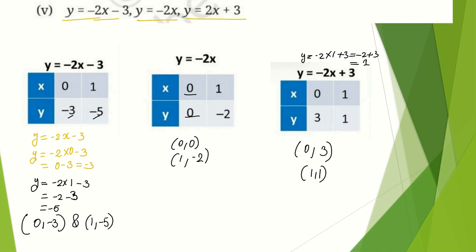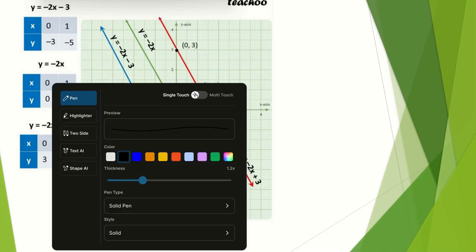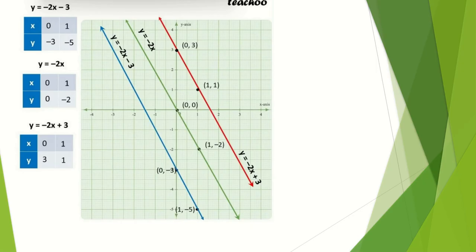Okay. Now you take the xy axis, plot these points separately, draw the graphs separately and mark them also. Okay. So once we do that, we will get a graph like this. Okay. So you can see clearly in the first part, b was greater than 0, b is equal to 3 greater than 0.